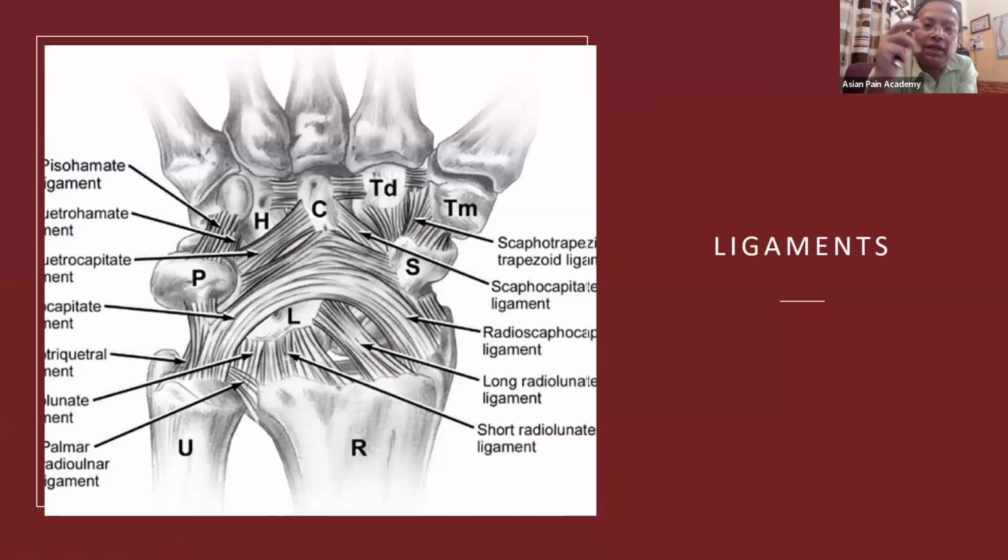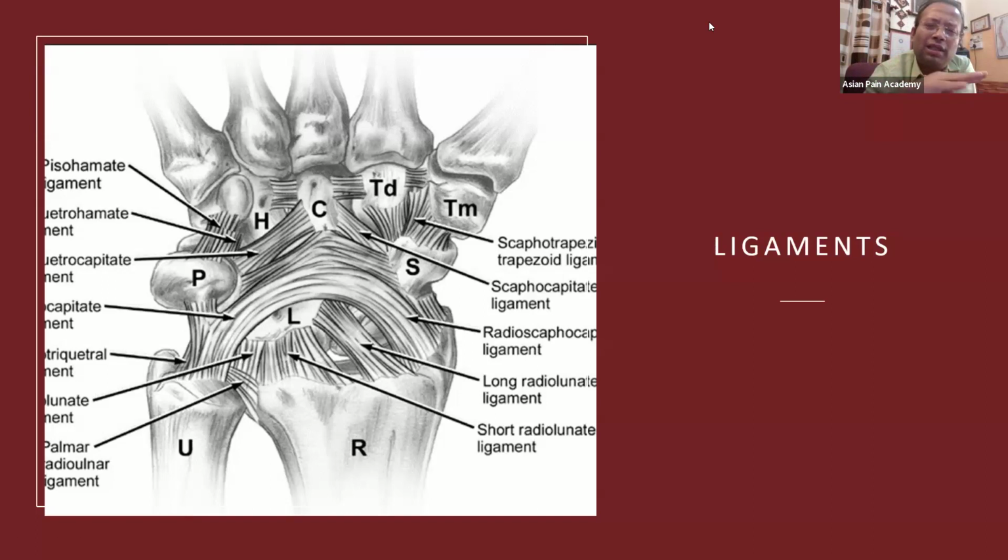After you have understood the orientation of the bones, here it is just the opposite. On the right side, scaphoid has come. Here you can see there are small ligaments. These are called intrinsic ligaments of the wrist in the carpal area.